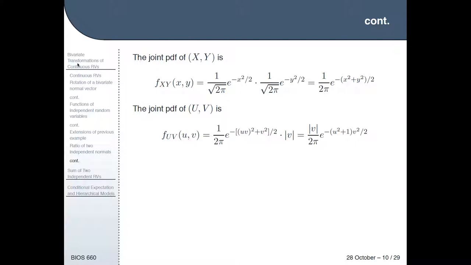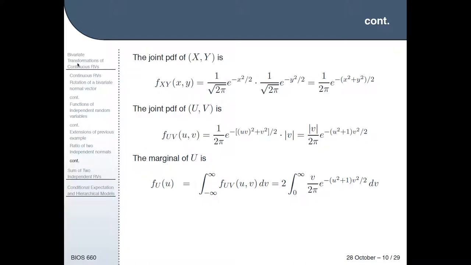We end up with absolute value of v over 2 pi times e to the minus u squared plus 1 times v squared over 2. So to get the marginal of u, we integrate that joint density with respect to v.